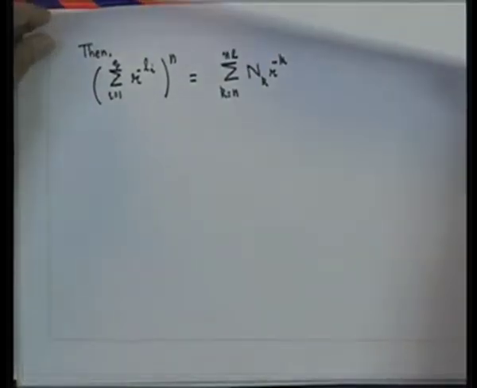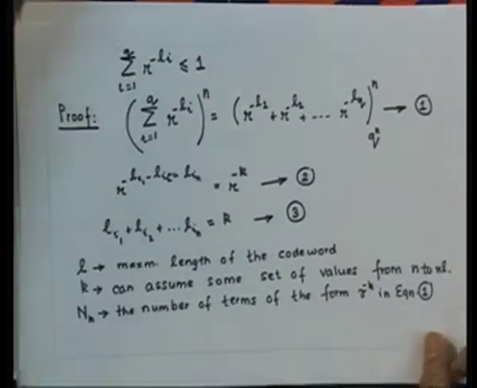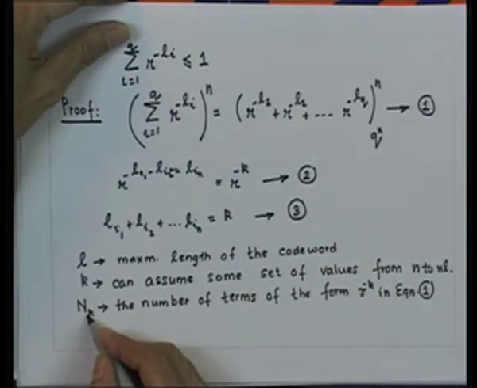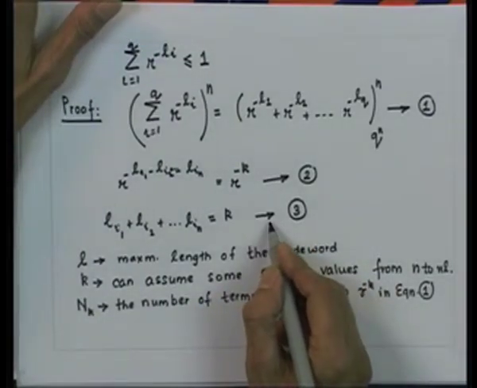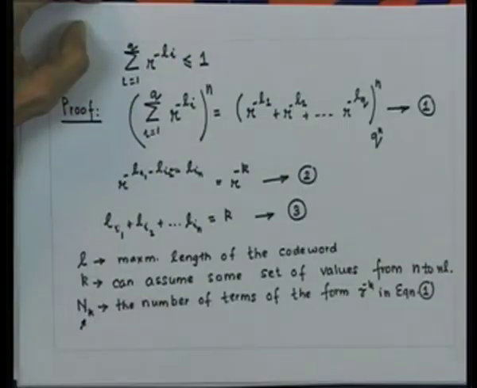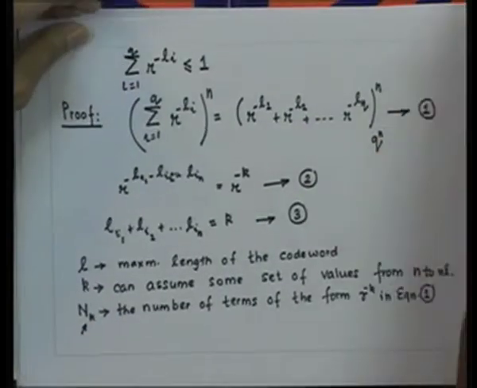Now, if you look at equation number 3, we see that nk is also the number of strings of n code words that can be formed, so that each string has a length of exactly k code symbols. Now, if the code is uniquely decodable, then this nk must be no greater than r raised to k.